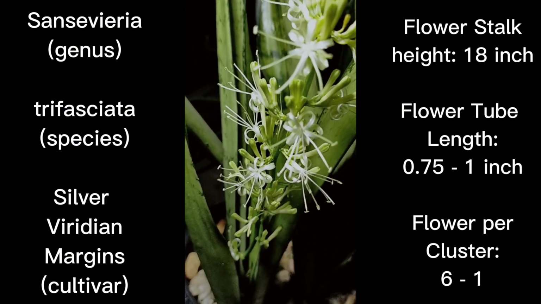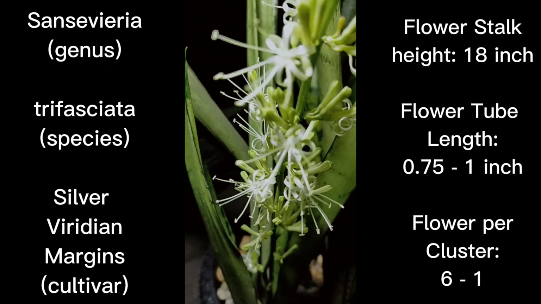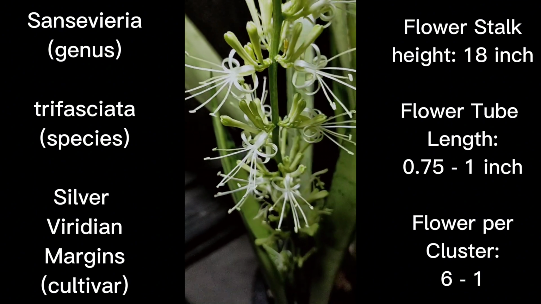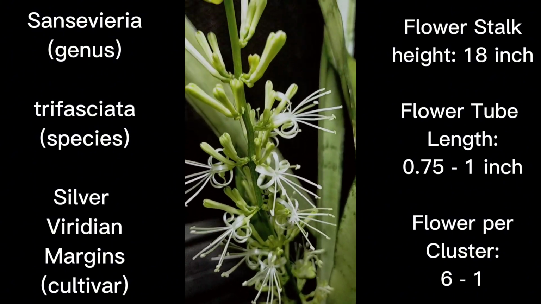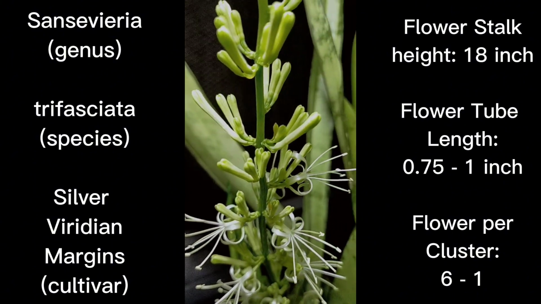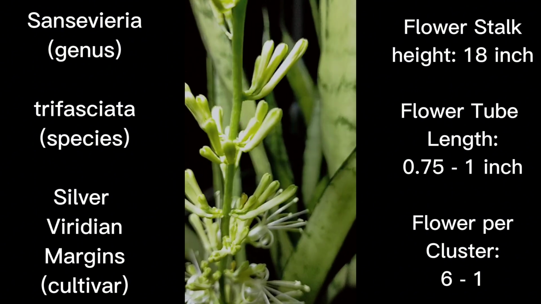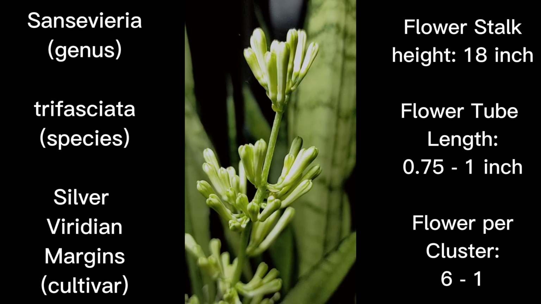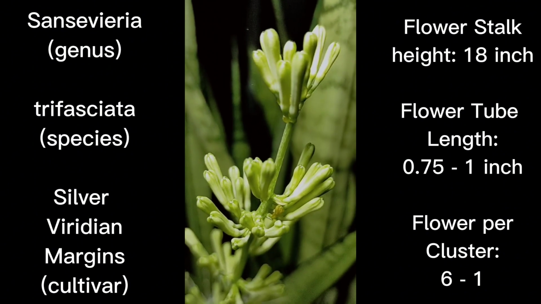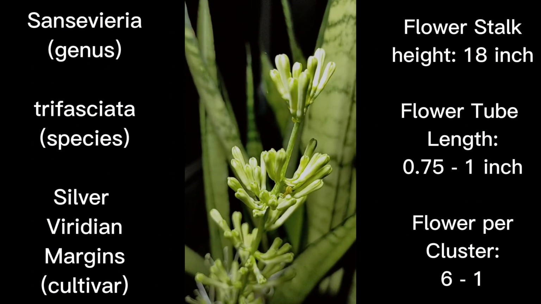This is my own cultivar, by the way, and I'll be explaining later on how I came to have this cultivar. But right now I'm going to describe how the inflorescence looks. What you can see right now is a focus. Some of the flower buds are still closed, some are already opened.